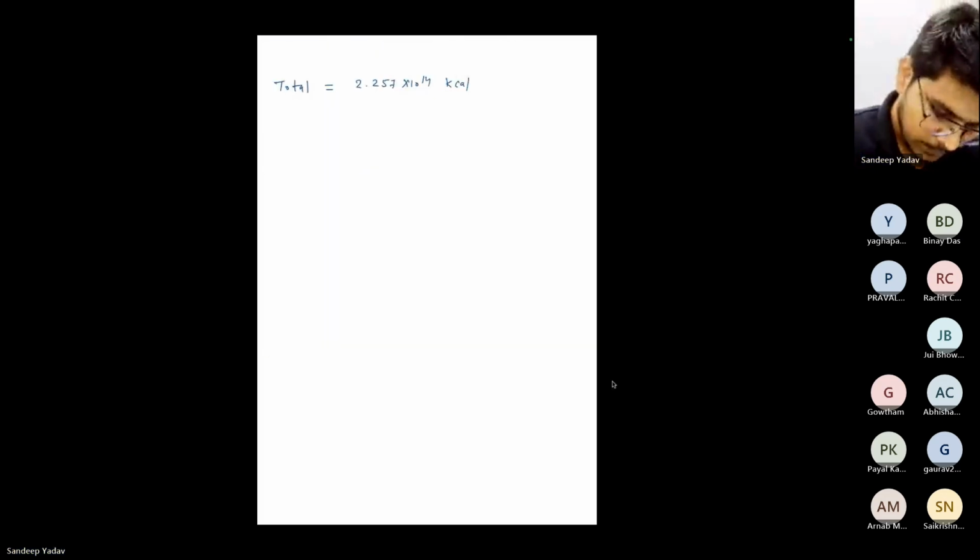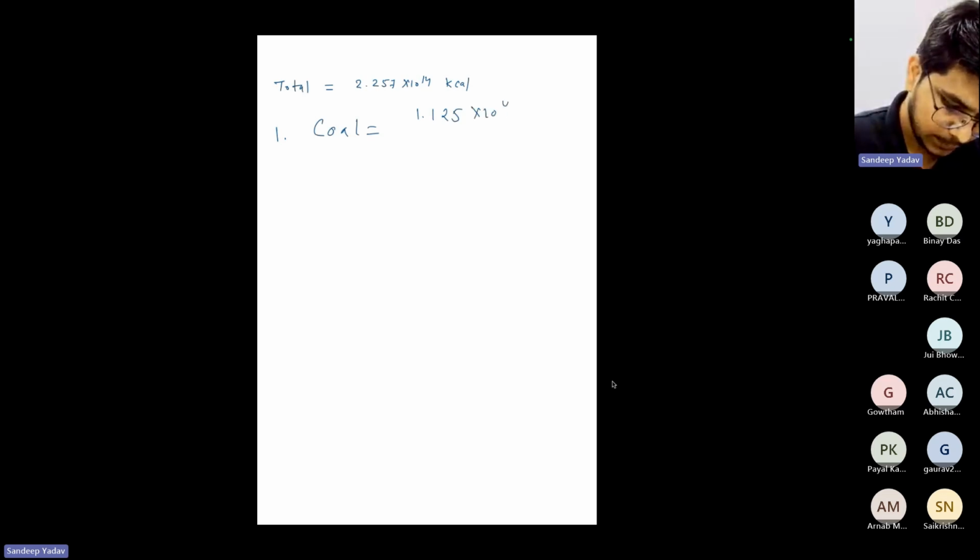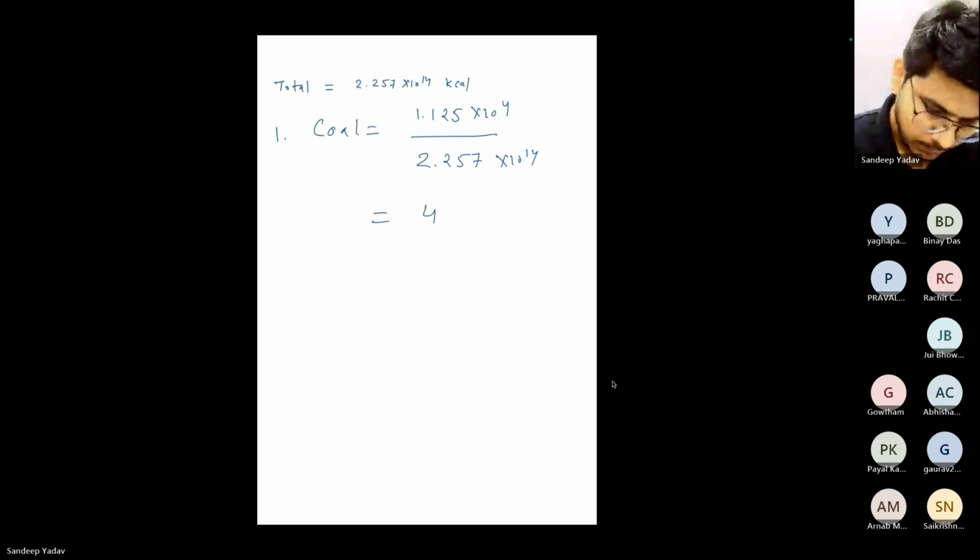For the coal, that would be 1.125 into 10 raised to power 14 divided by the total, that is 2.257 into 10 raised to power 14. That comes out to be 49.8%.